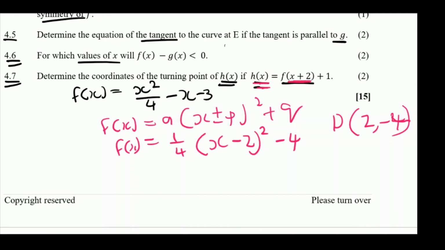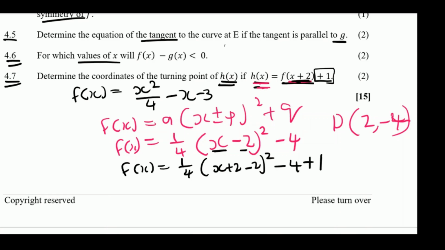So where there's x, we're going to add 2. So you have 1 over 4 into, instead of writing this x, you're going to write x plus 2, and then you write this minus 2 here, so it's minus 2, all squared, and then you're going to write plus 1, right? So it's minus 4 plus 1. So that is going to be your h of x.